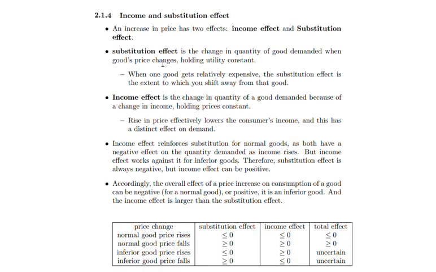The substitution effect is the change in quantity of goods demanded when the good's price changes, holding utility constant. When one good gets relatively expensive, the substitution effect is the extent to which you shift away from that good.